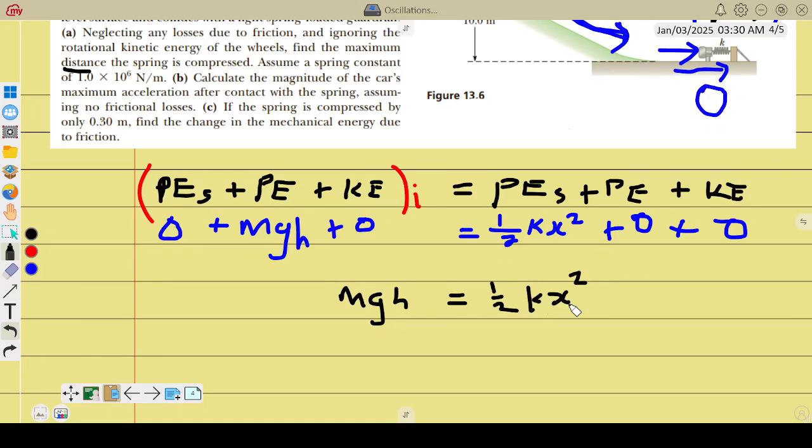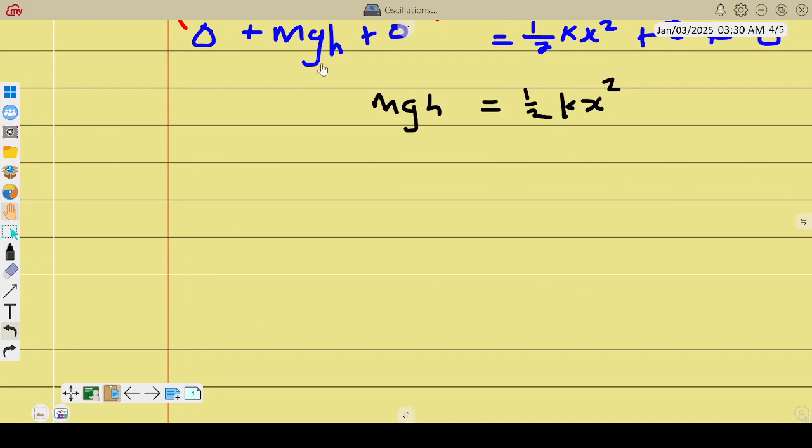We want to find this value of x. What is the value of x? So we're remaining with half kx squared is equal to mgh.